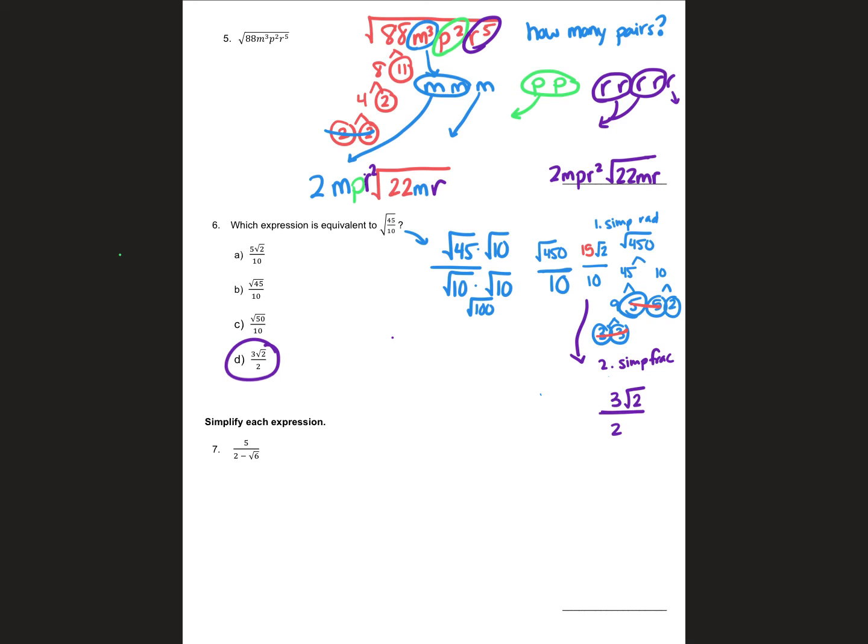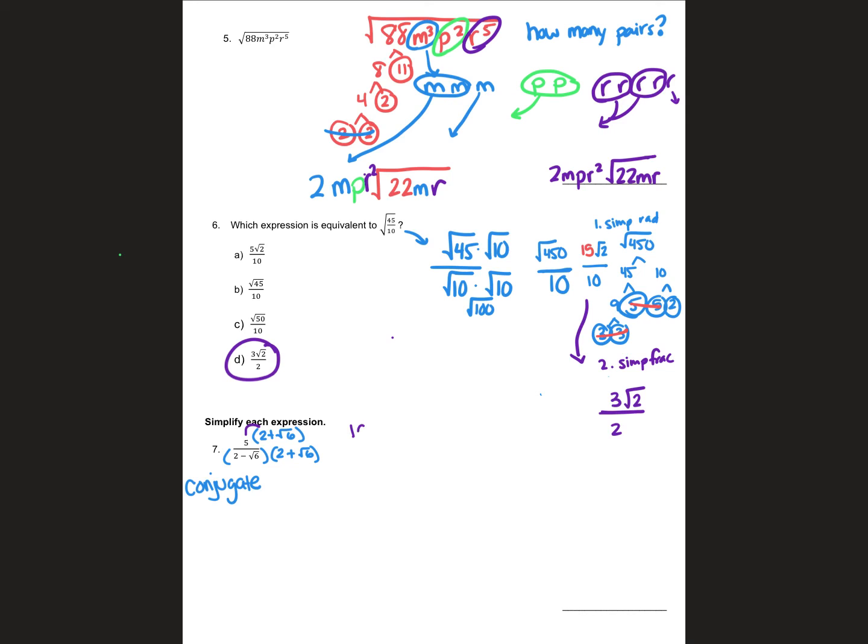In number 7, it has a radical in the bottom, but the difference between 6 and 7 is in number 7, it's a binomial. When this happens, you need a conjugate, which is the opposite operation of what's written in the denominator. So I'm going to multiply the top and bottom by the same thing. Let's deal with the top first. The top is distribution. Just remember that outside numbers multiply to outside numbers and inside numbers multiply to inside numbers.